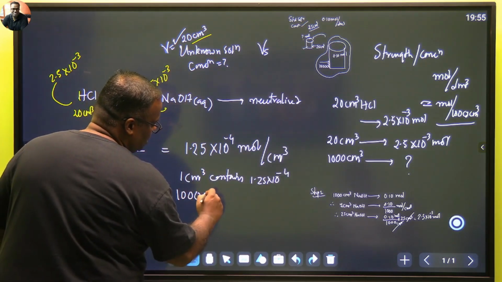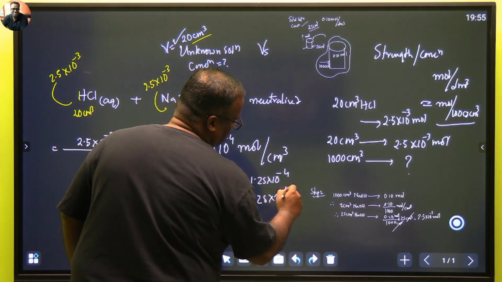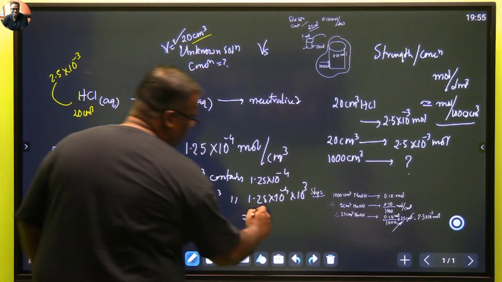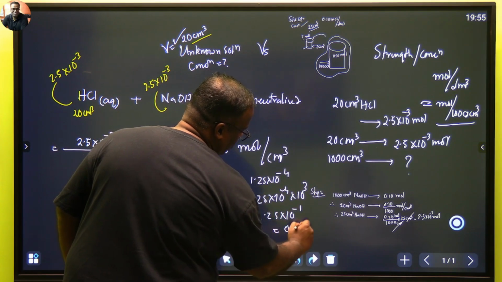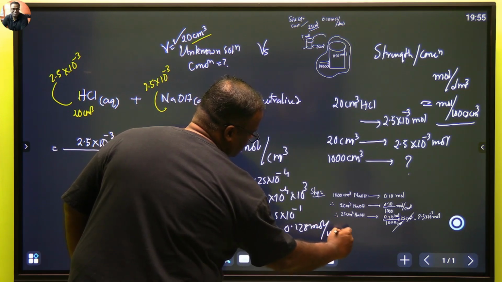So 1000 cm cube contains 1.25 into 10 to the power minus 4 into 1000. 1000 is 10 to the power 3, which is equal to 1.25 into 10 to the power minus 1, which is equal to 0.1 moles per 1000 cm cube.